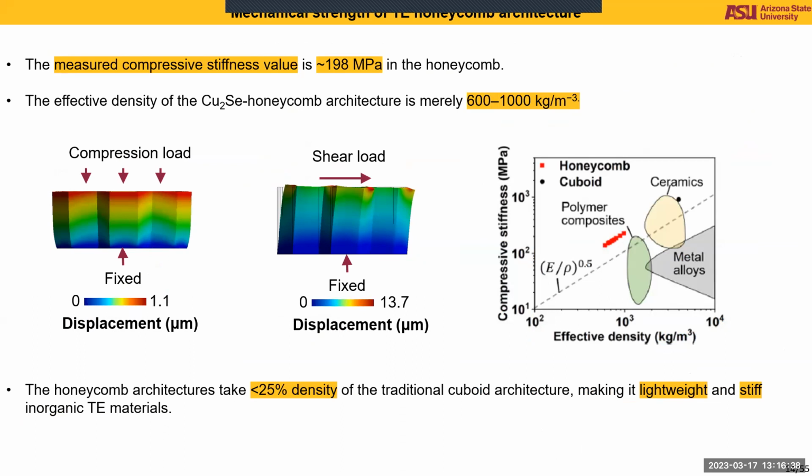But for the honeycomb architectures, we can see that the compressive stiffness compared to the relative densities is about 2 factors more than the Gibson-Ashby relation. And the relative densities are in the range of 600 to 1,000 kg per meter cubed, which is about 25% less than the cuboid shape. So this makes this thermoelectric architecture suitable for applications where lightweight and high strengths are needed.